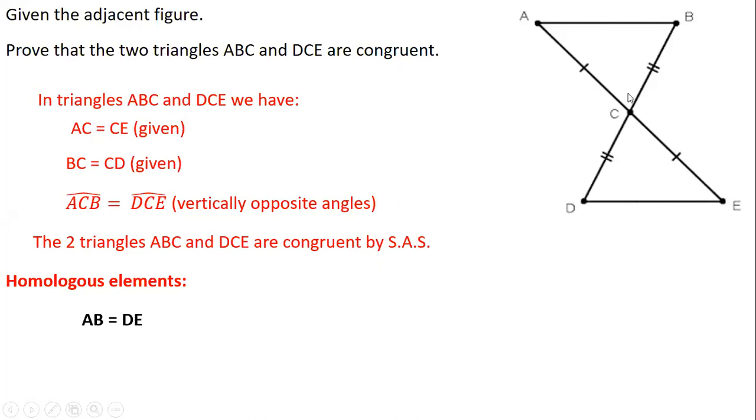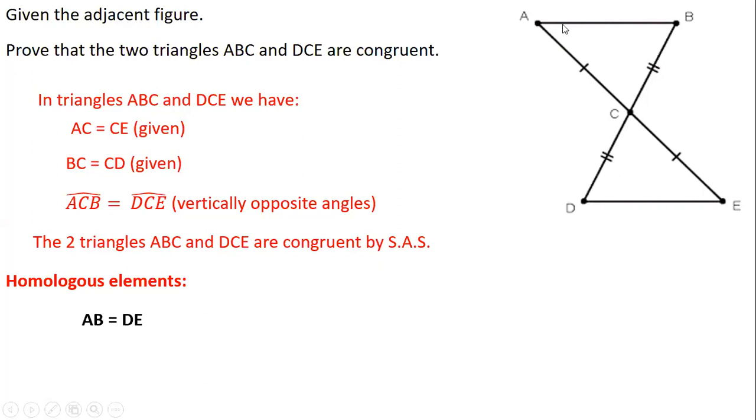We used angle ACB and angle DCE. Can you tell me this angle at vertex A is equal to which angle, Leia? CAB is equal to which angle? You don't know? Your voice is very far. Leia, let me teach you how to know the equal angles in the homologous elements.